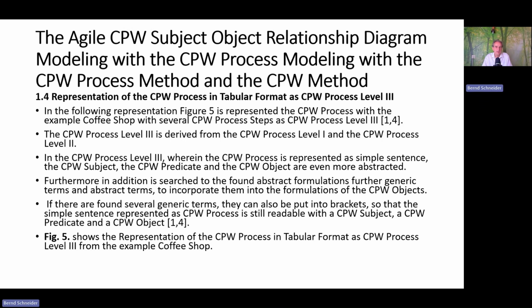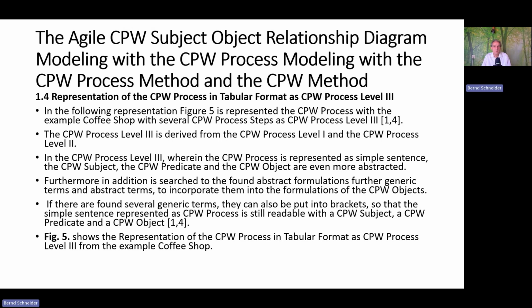Now we have the representation of the CPW process in tabular format as CPW process level 3. In the following representation, figure 5, is represented the CPW process with an example coffee shop with several CPW process steps as CPW process level 3.